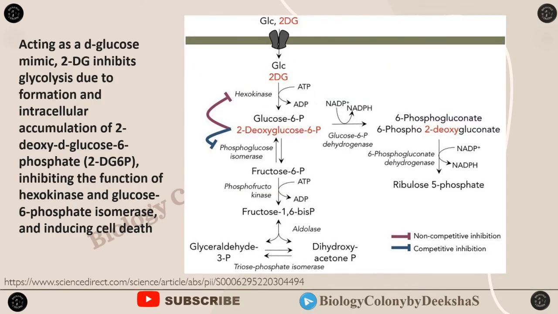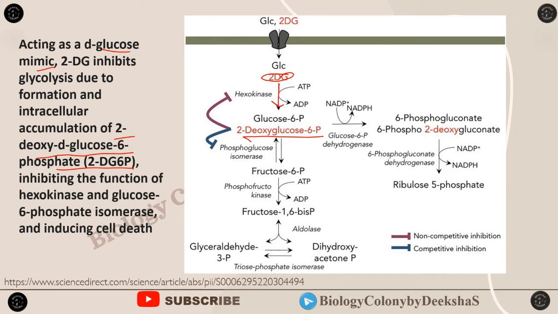So the reason is that acting as a D-glucose mimic means it is structurally similar to glucose and thus it inhibits glycolysis due to the formation and intracellular accumulation of 2-deoxy-D-glucose 6-phosphate or 2-DG6P. What happens, as you can see in this diagram, is 2-DG, mimicking itself as glucose, undergoes phosphorylation and forms 2-DG6P or 2-deoxyglucose 6-phosphate.